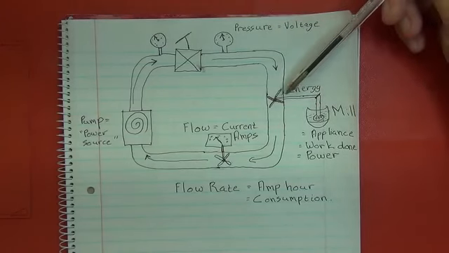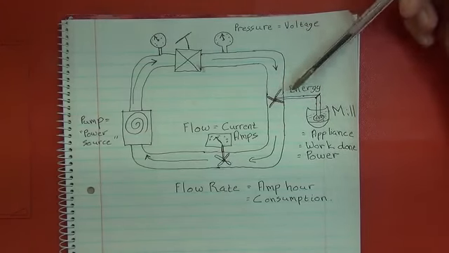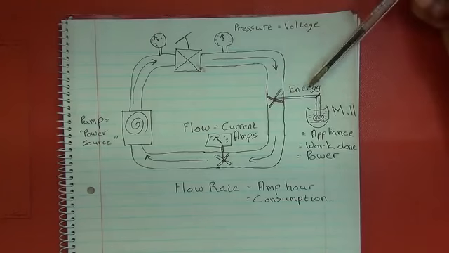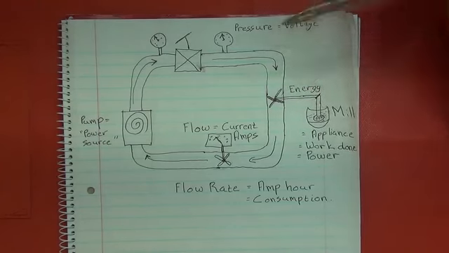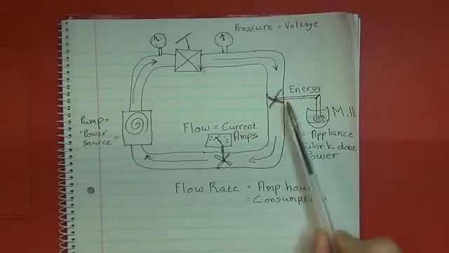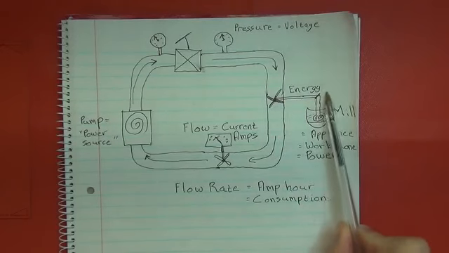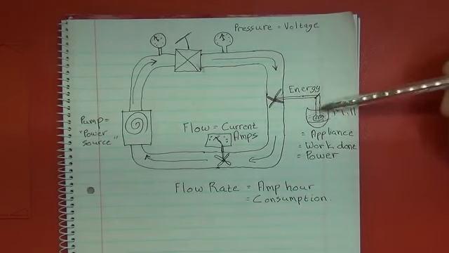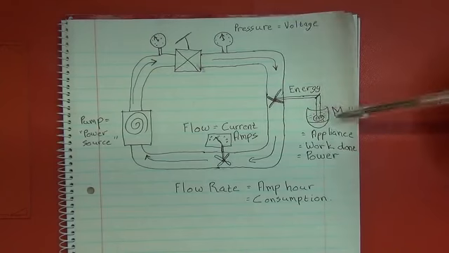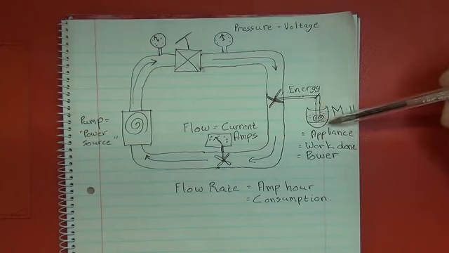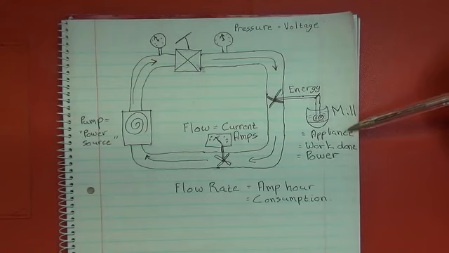Let's go to the ultimate reason we have electricity, and that's to power a device and to do work. So here we've got this paddle which is driving a shaft which is turning a milling stone, which is milling our flour, let's pretend. In essence that equates to an appliance in your house.